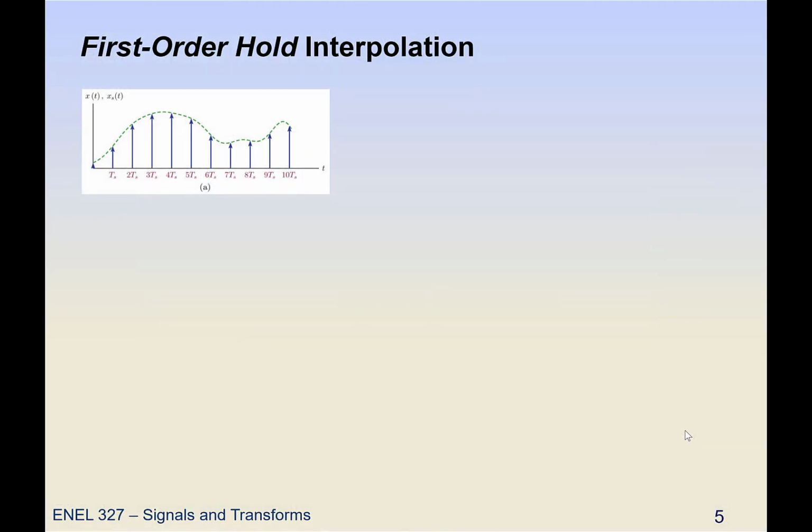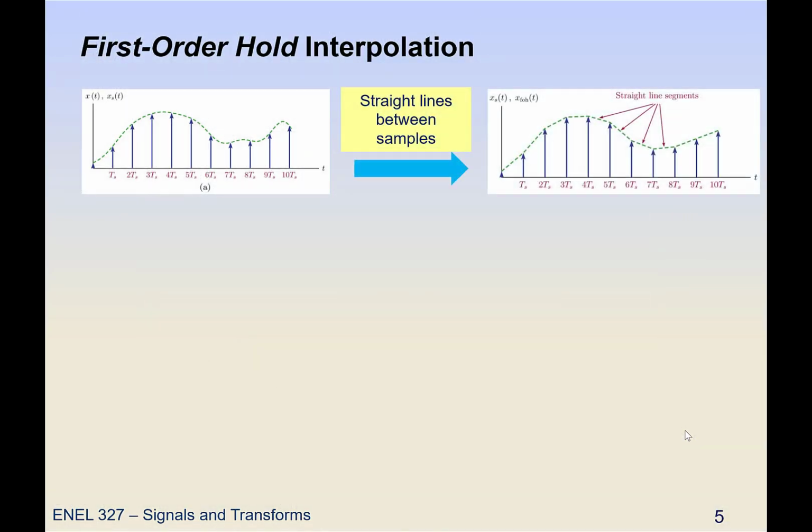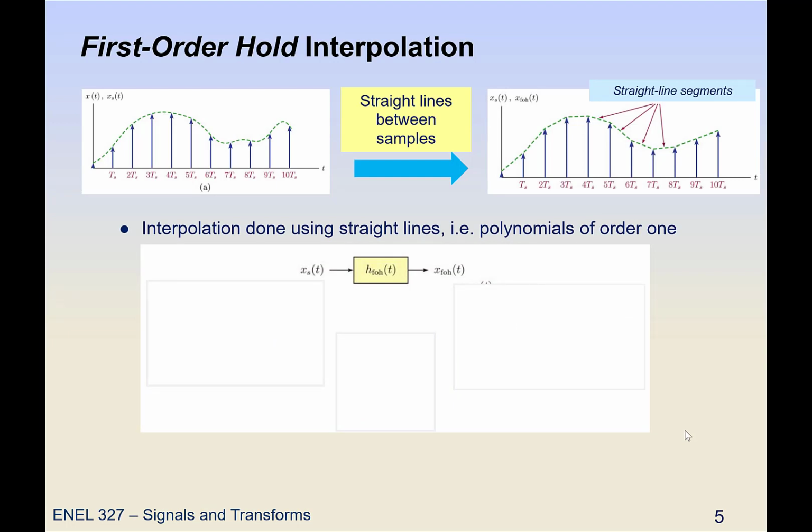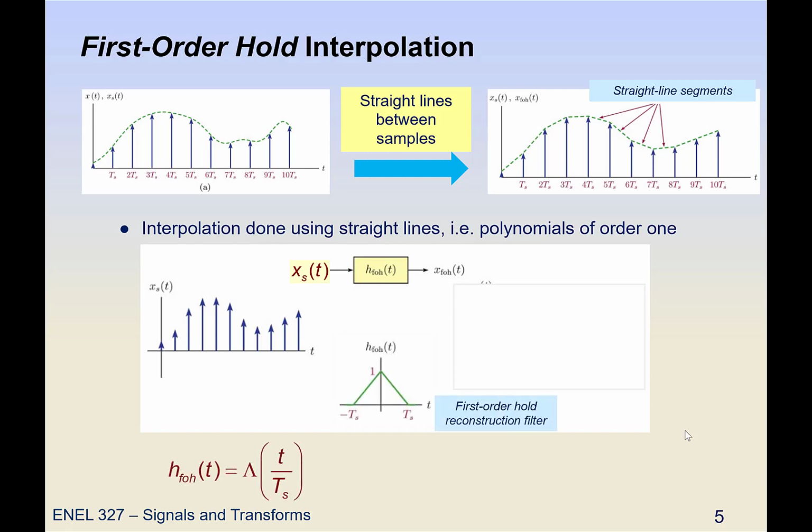Now we want to take a look at what happens if we use first order hold. In this case, we're assuming there are straight lines between samples. Interpolation with straight lines means polynomials of order 1. From the system perspective, we start with our sampled signal, and the first order hold reconstruction filter is a triangle instead of a square pulse.